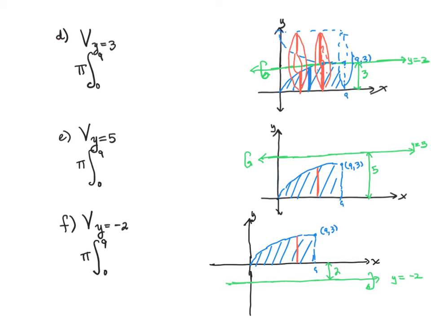So this distance, I'll put that in red, is the square root of x, right? At any x value, we could find that height by taking the square root of x. So the question now is, how can we represent the outer radius and the inner radius with respect to x?